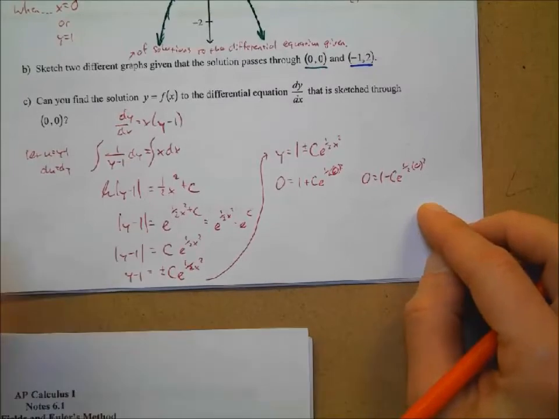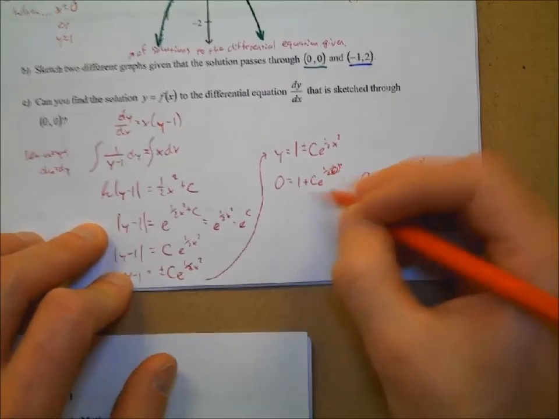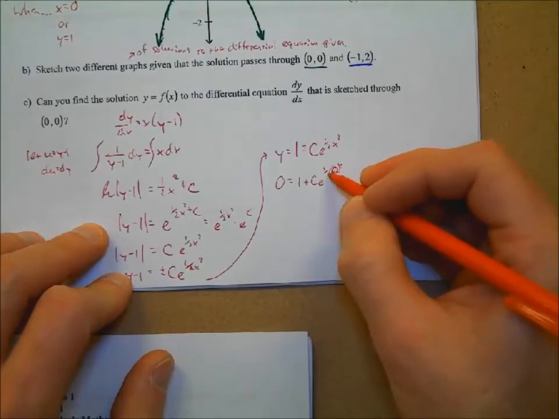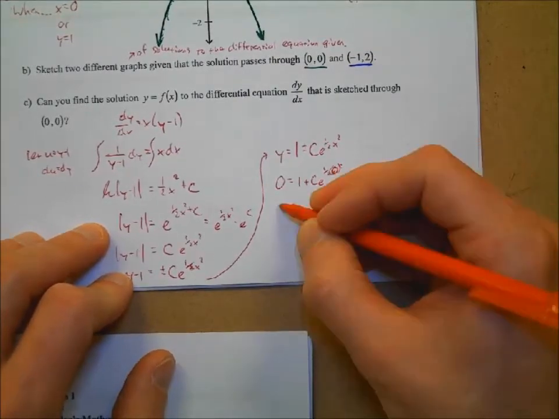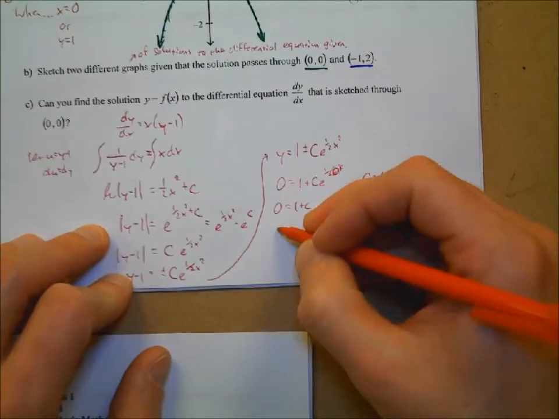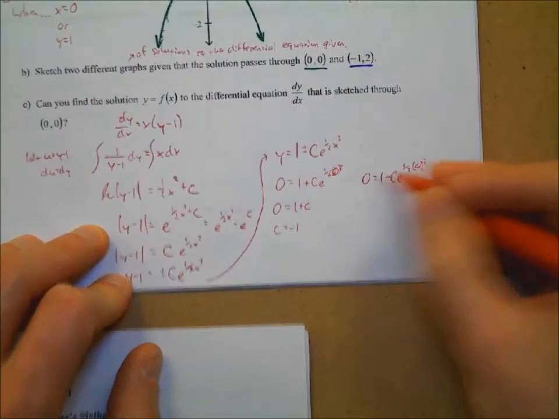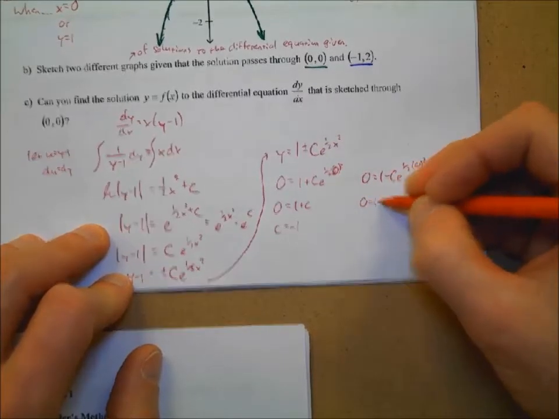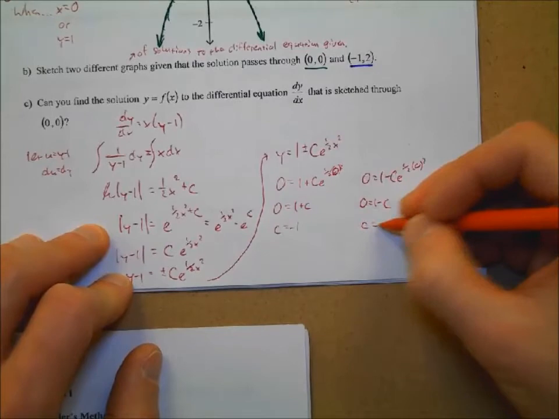With 1 plus: 0 squared is 0 times 1/2 is 0, e to the 0 is 1. So I get 0 equals 1 plus c, so c equals negative 1. Whereas here, 0 squared is 0 times 1/2 is 0, e to the 0 is 1, I get 0 equals 1 minus c, so c is positive 1.